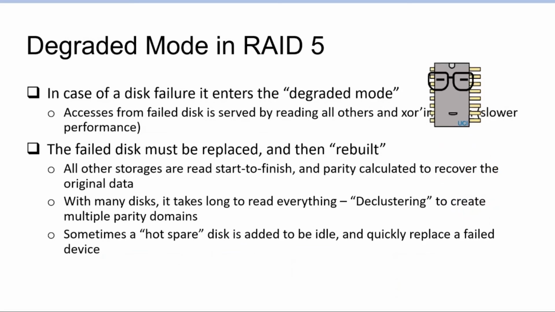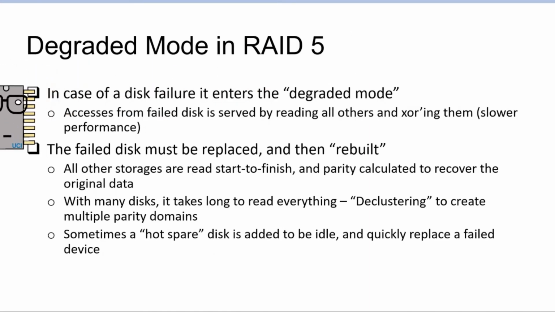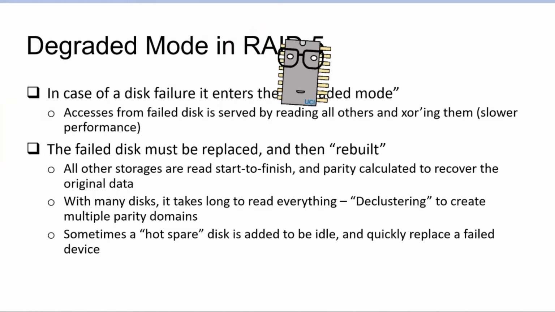What I've kind of glossed over with RAID 5 is the existence of the degraded mode. If there's a disk failure, for example, it enters the so-called degraded mode. For all accesses targeted to the disk that has failed and is not available, all requests to this storage have to be served by reading all the others.